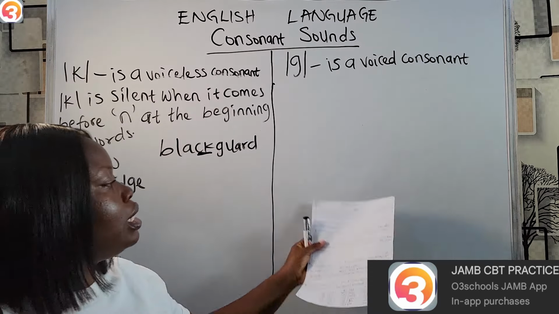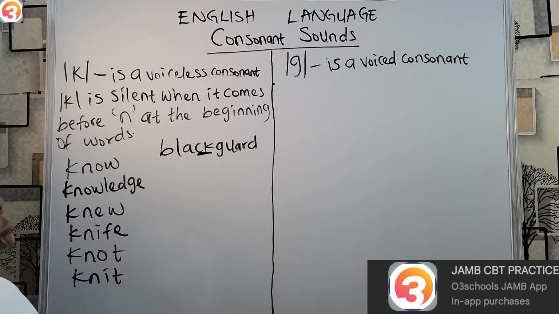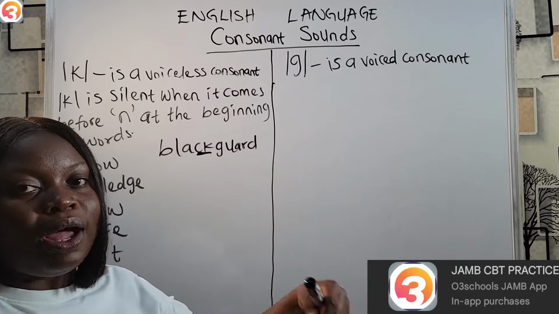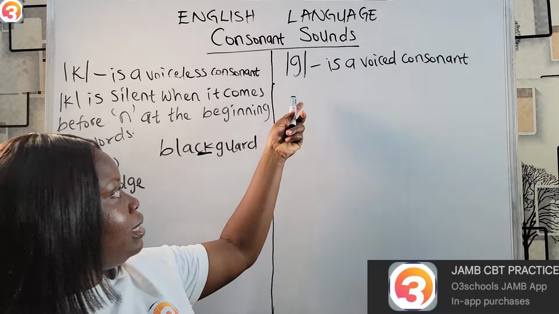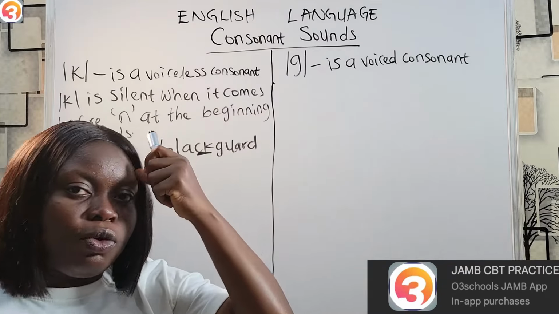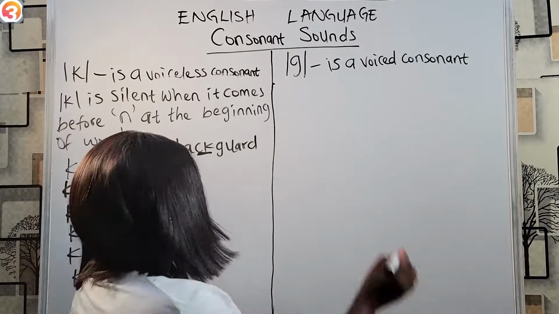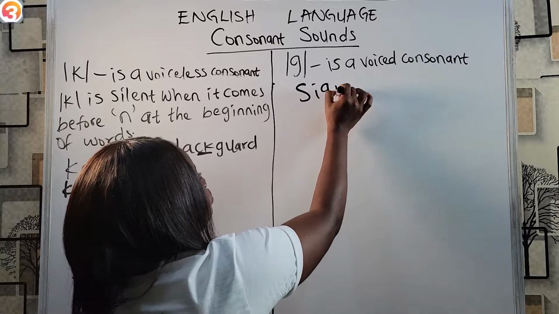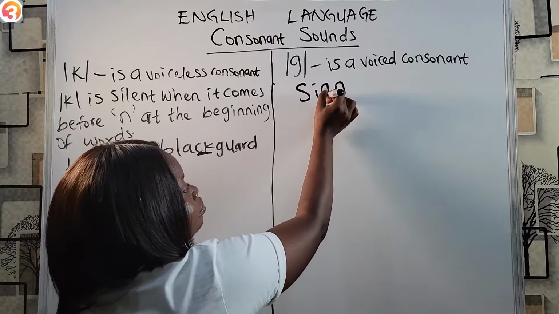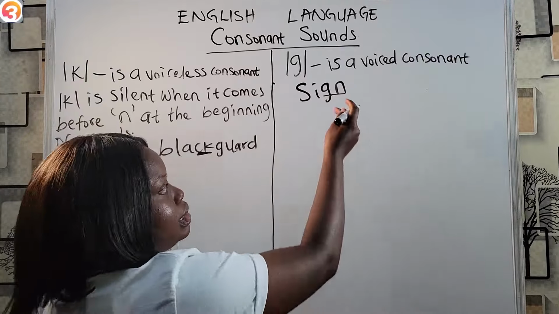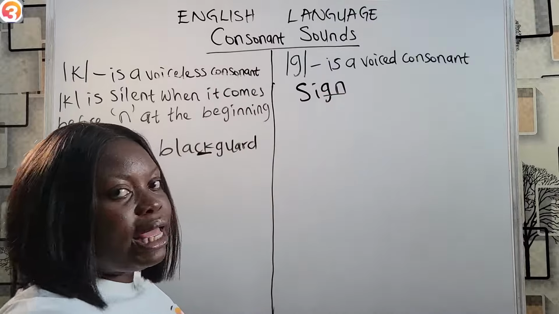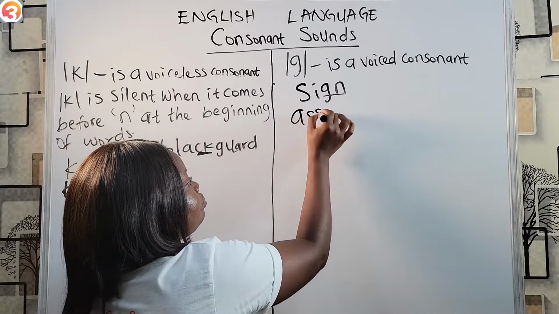Then for this consonant sound G, whether it comes at the beginning or at the end of a word, as long as G comes before N, it is silent. Examples, we have sign. So though this is at the end, the G is still silent. As sign.